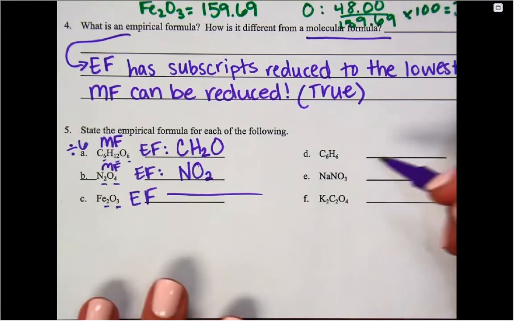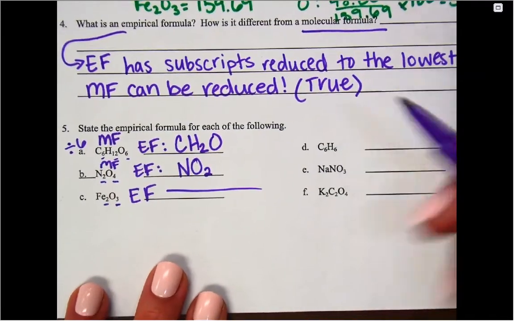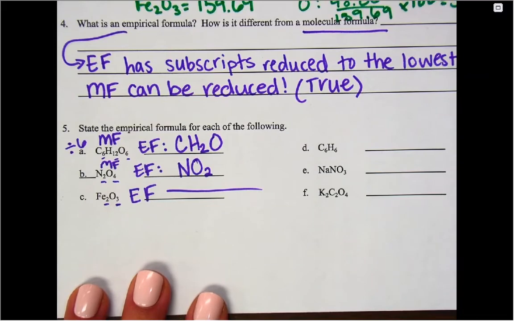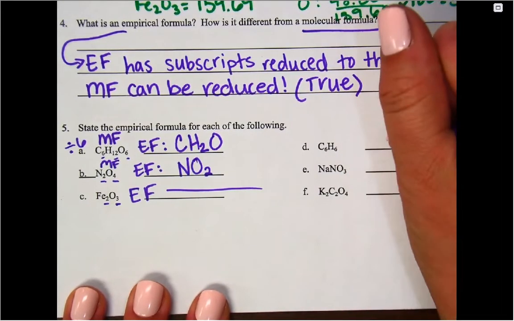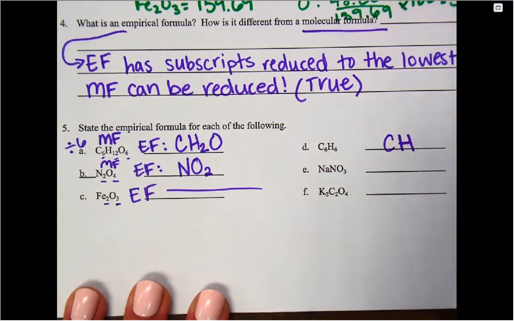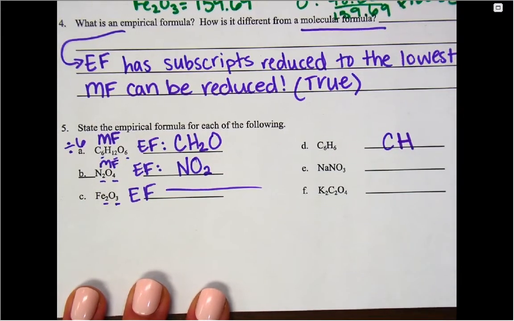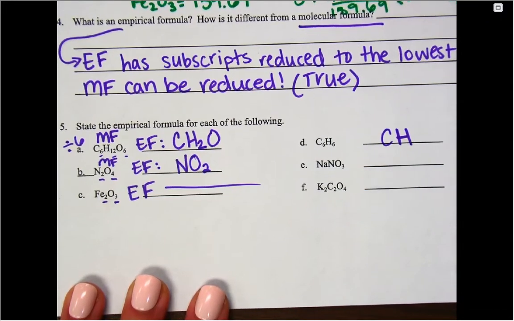Look up at letter D. What is the empirical formula for D? CH. We reduced it down. What about letter E? Can't be reduced, so that one is already an empirical formula.